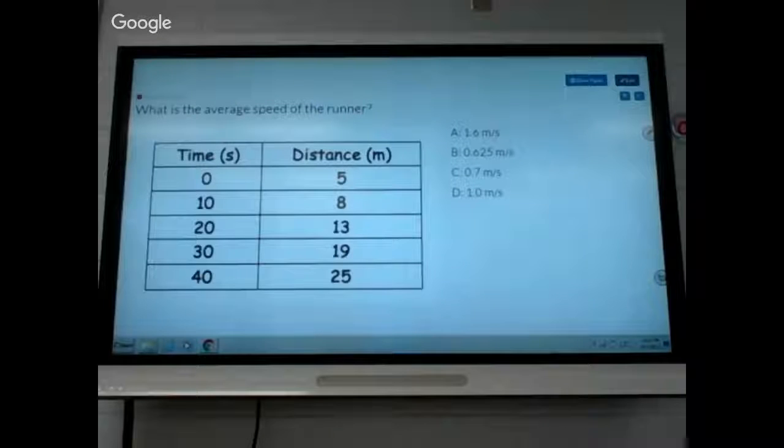If you guys don't want to hold your cards up just yet, hold on. I'm going to wait on a few more people to be ready before I scan.